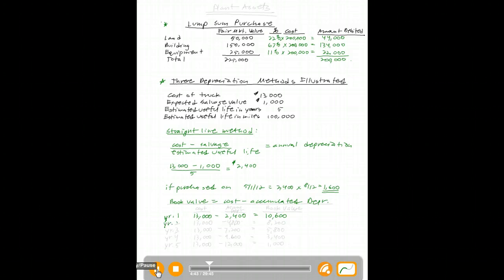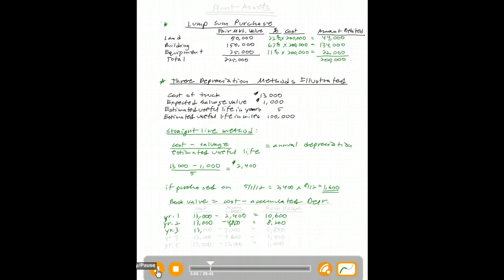At the end of year 2, you still have your same cost, but now your accumulated depreciation is $4,800. So your book value is $8,200.